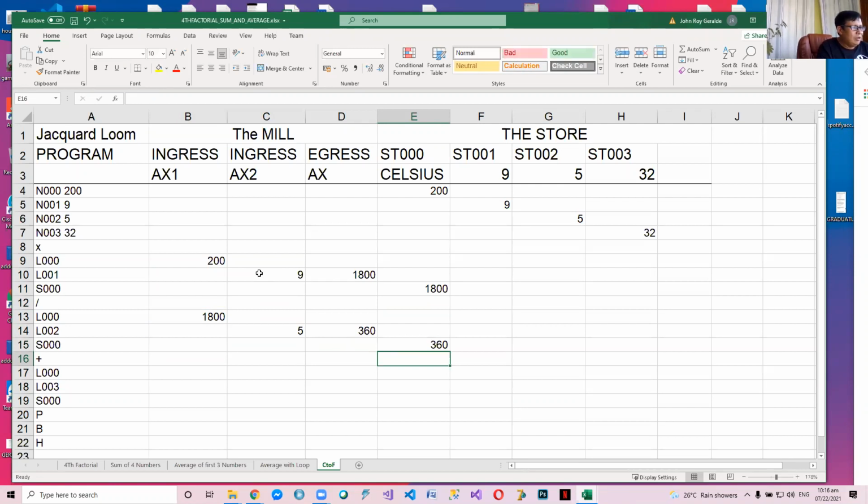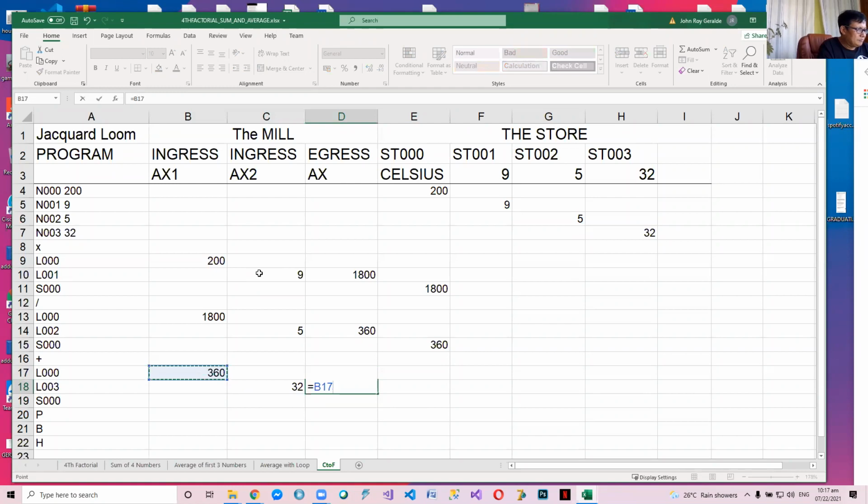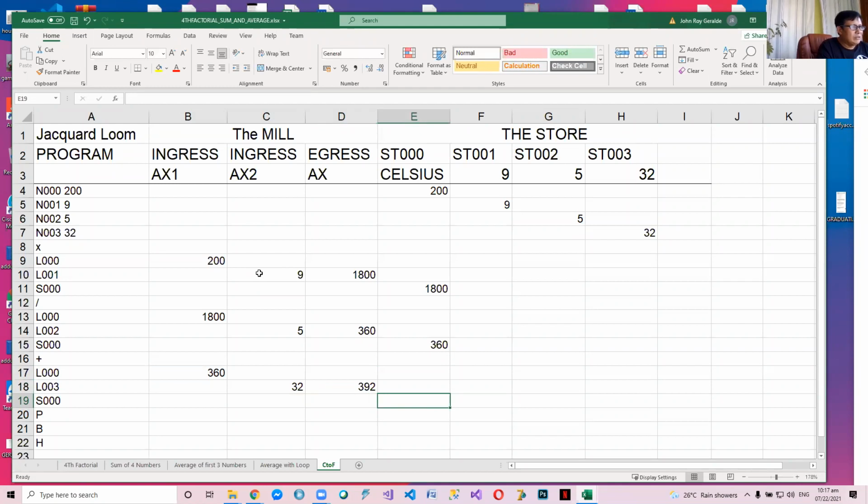And then we'll add the 32. So this becomes 360 plus 32, what is the value in L? This is 32. So we'll just add, that's 392. And then we store it to L000. This is 392.